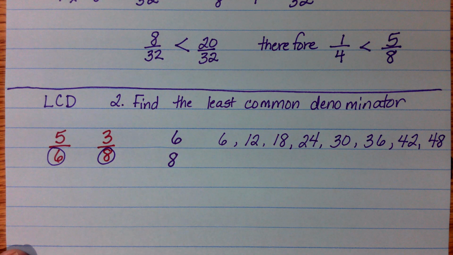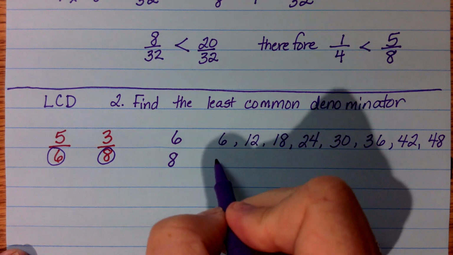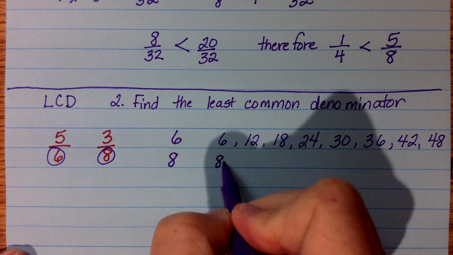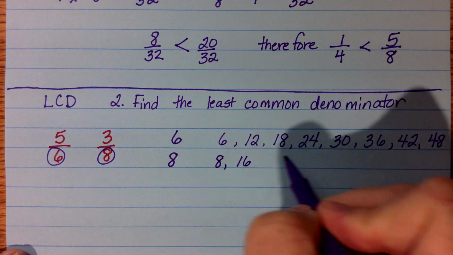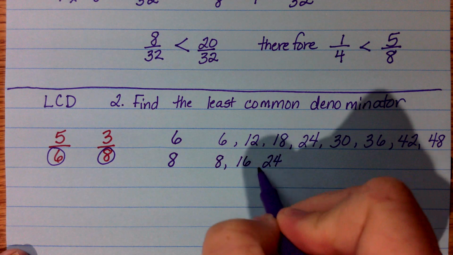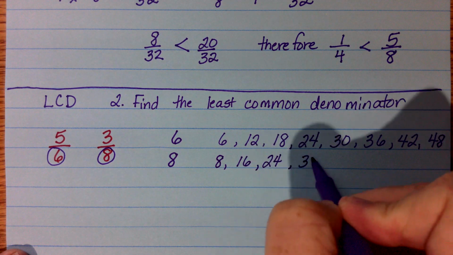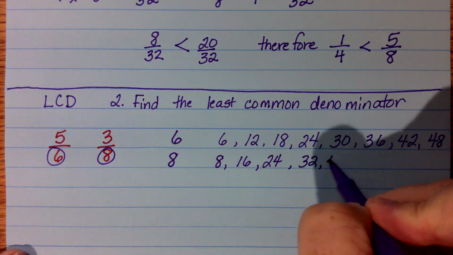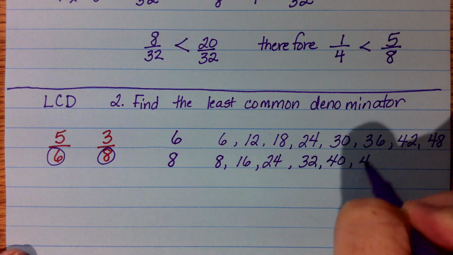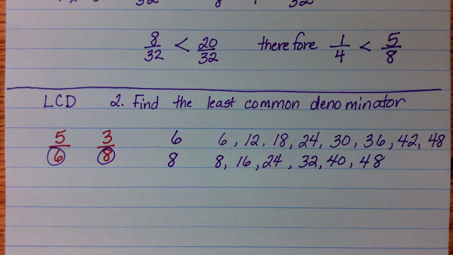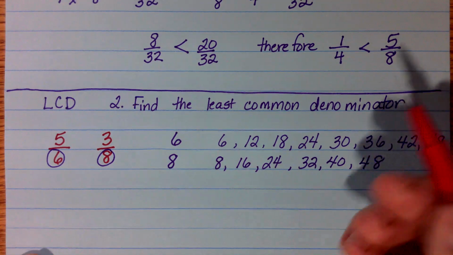So if I don't hit something in between there, at least I've got up to 6 times 8. With 8, I'm going to count by 8s. 8, 16, 24, 32, 40, 48.